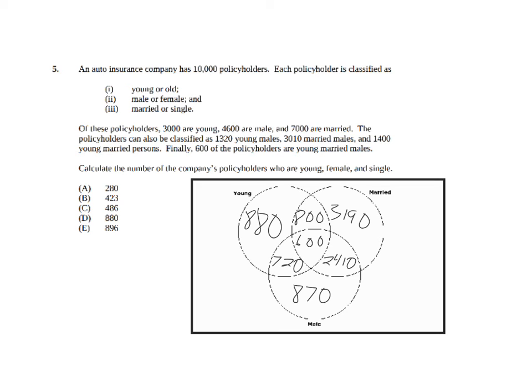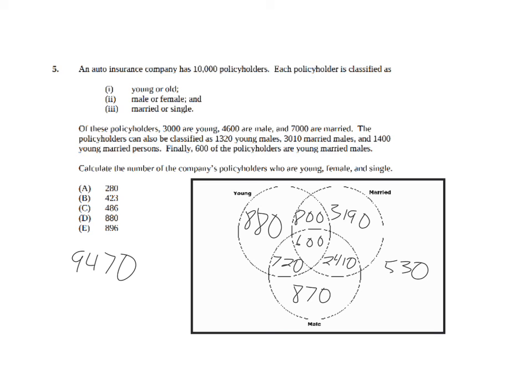Those numbers in the circles that I have add up to 9,470, which means there must be 530 in this space outside of here. So what we want is the number of company policyholders who are young, female, and single.